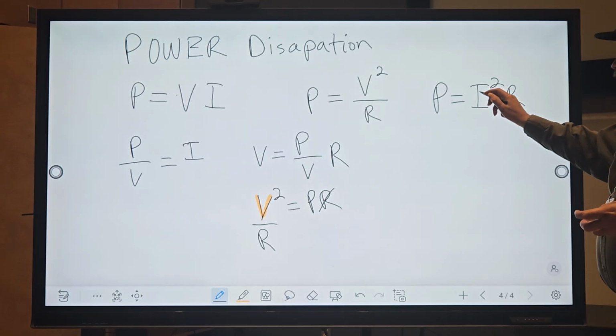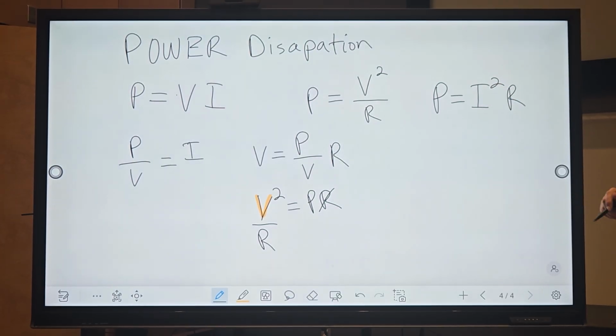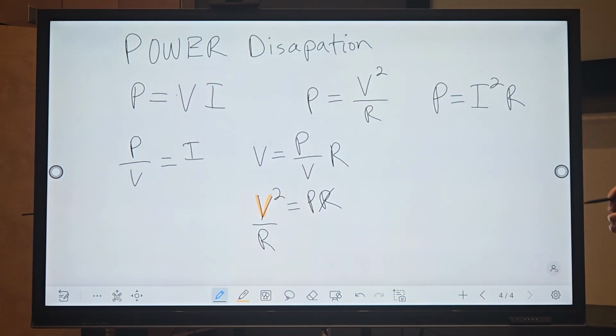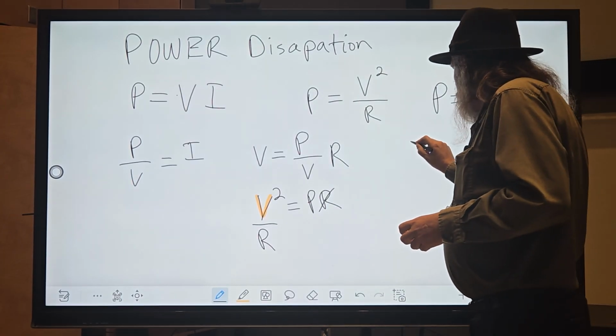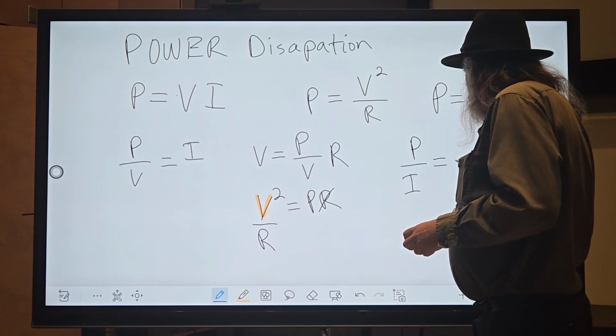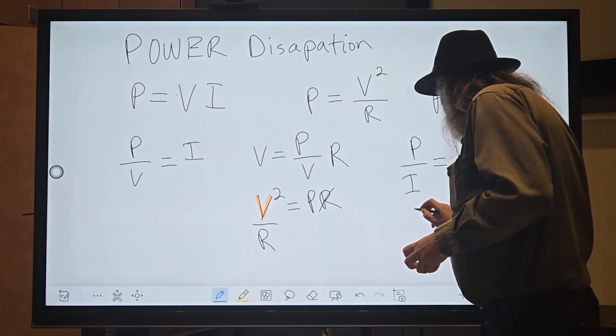Same sort of situation with solving for V and then substituting V into Ohm's law. P over I equals V. Substitute that into Ohm's law.